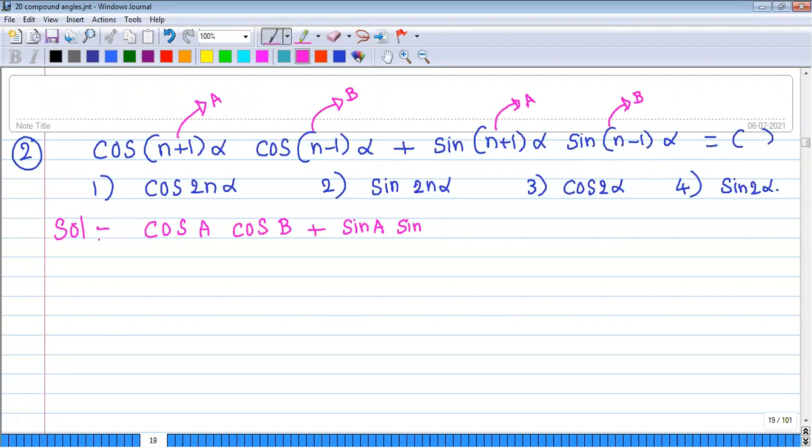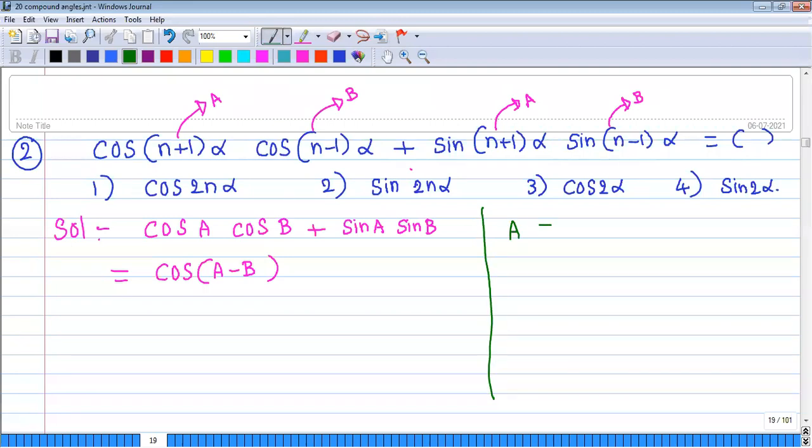Am I correct? This is cos of A minus B, whose value is equal to cos of A minus B. Okay, let us find out A minus B.